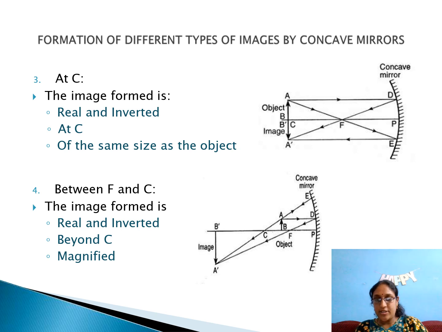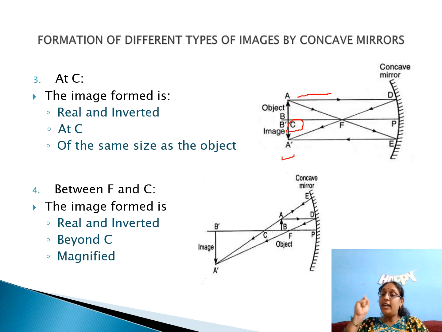AB is the object which is placed at the center of curvature. A ray parallel to the principal axis goes and hits the mirror, and it just passes through your focus. There you get an image A prime.